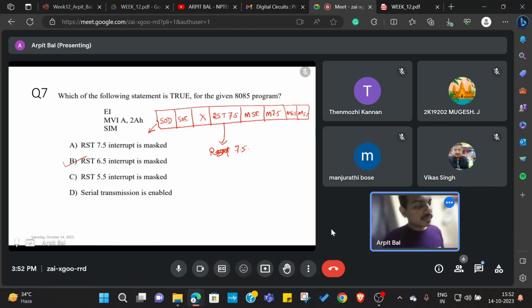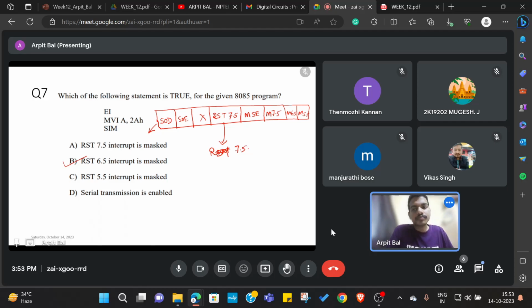Yes. The next question is related to the set interrupt mask instruction. The SIM instruction is used for setting the interrupt masks, and what it does is, based on the content of the accumulator, it sets the mask.